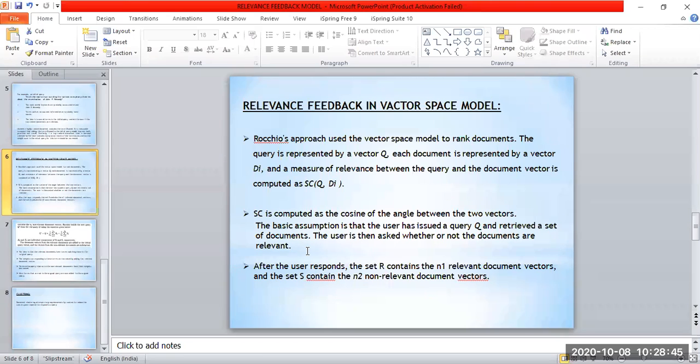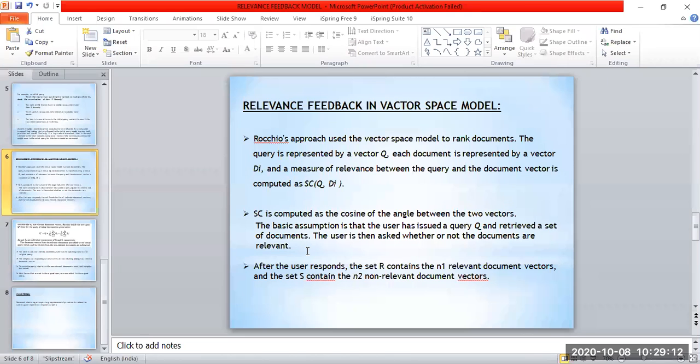This model was first presented by Rocchio. He is the person who used this relevance feedback model with the vector space model. You know that these two are different. The vector space model's strategy of retrieving the data is different, and relevance feedback's strategy is different.